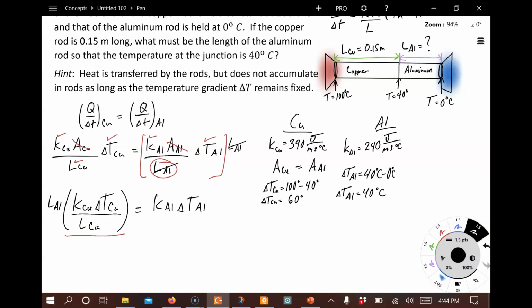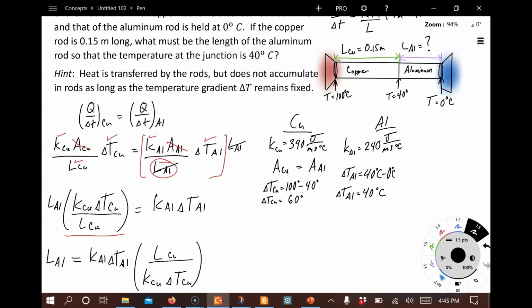So if I multiply on this side, I'll be left with just the length of the aluminum. On the other side, I'm going to multiply by the reciprocal of this. So we start out with K aluminum, delta T aluminum, and the reciprocal of that is L for the copper divided by K for the copper times delta T for the copper.